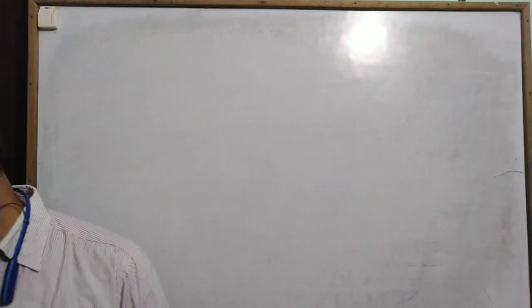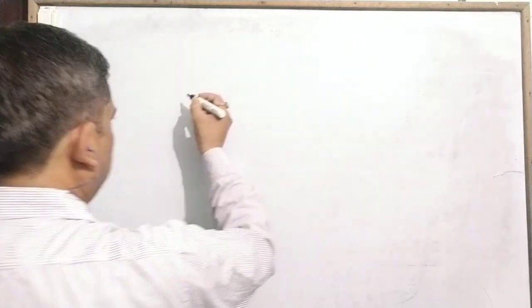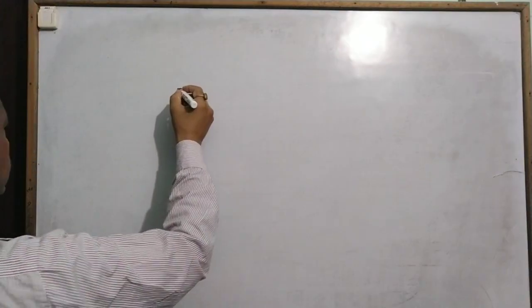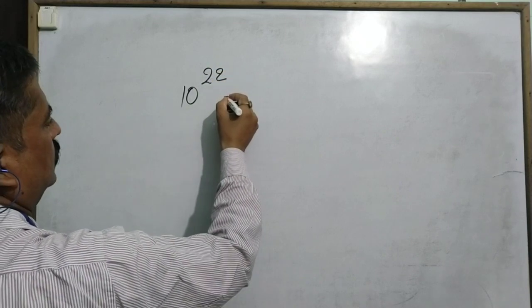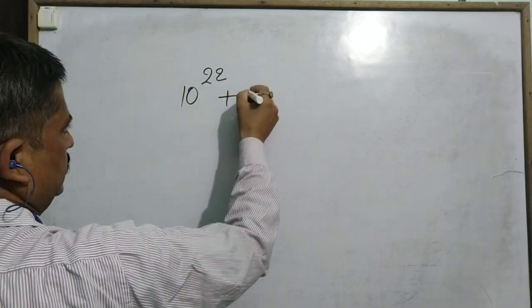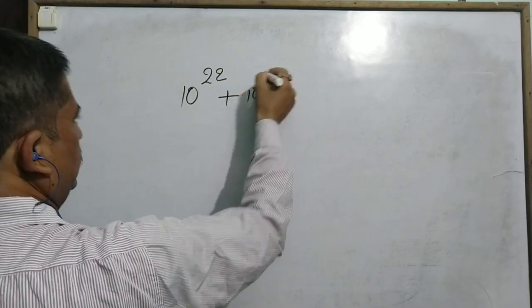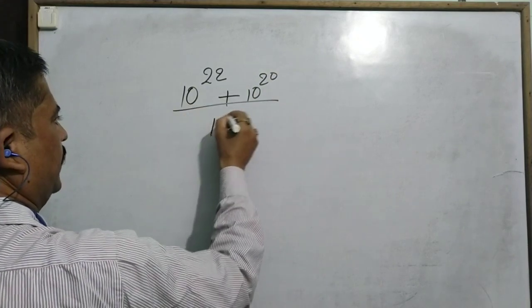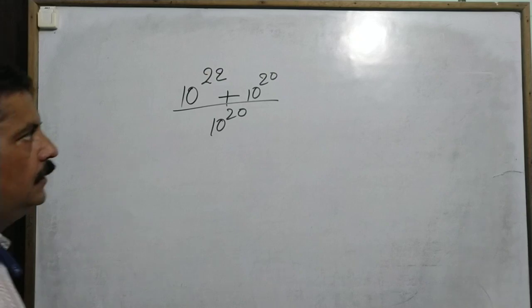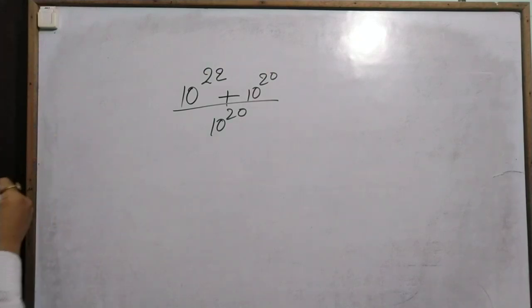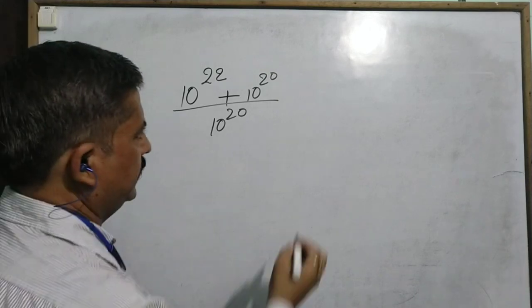Now a different type of question: 10 to the power 22 plus 10 to the power 20 divided by 10 to the power 20. These basic questions use arithmetic.